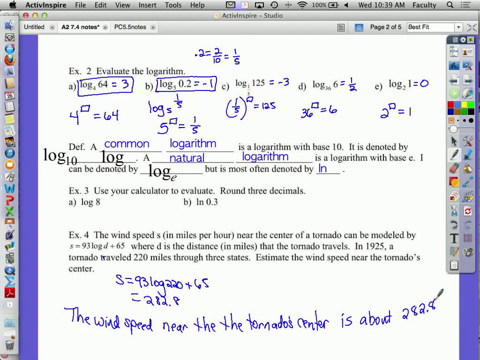What would be our units here for wind speed? It says miles per hour. So remember with word problems, you should write it in a complete sentence for your final answer.